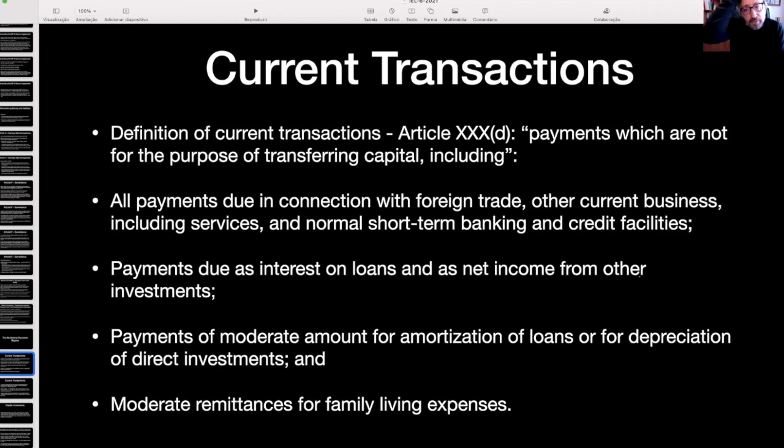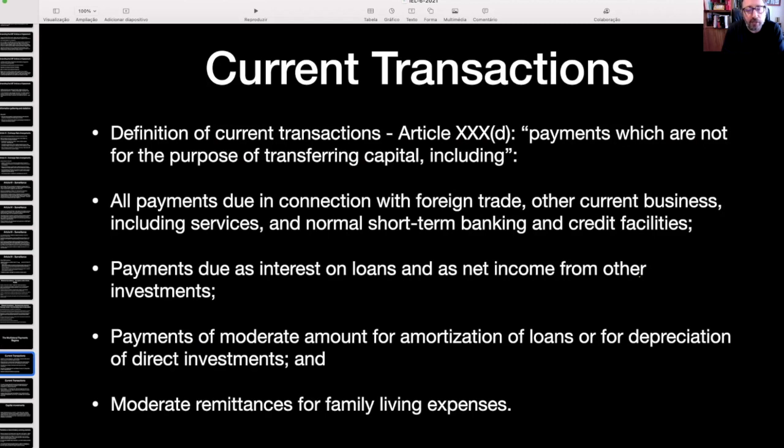Now, this is other than capital movements. So capital movements are not covered by this obligation. Now, this obligation under Article 30, paragraph D, the definition of current transactions, includes not just the import and export of goods and services, but also payments of interest on loans, payments of amortization in order to reduce the amount owed, depreciation of direct investments, as well as moderate remittances for family living expenses.